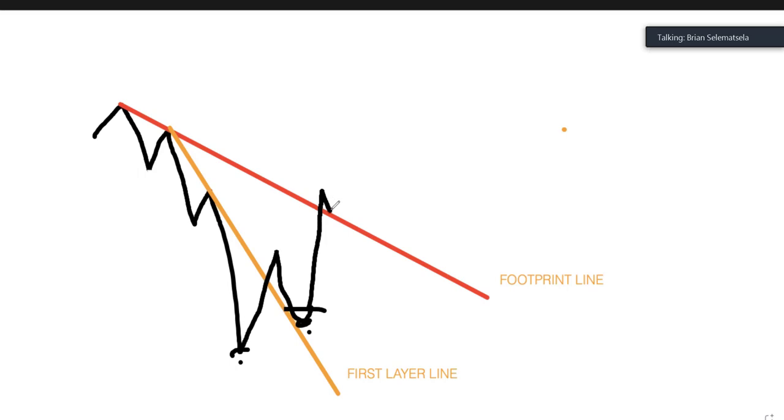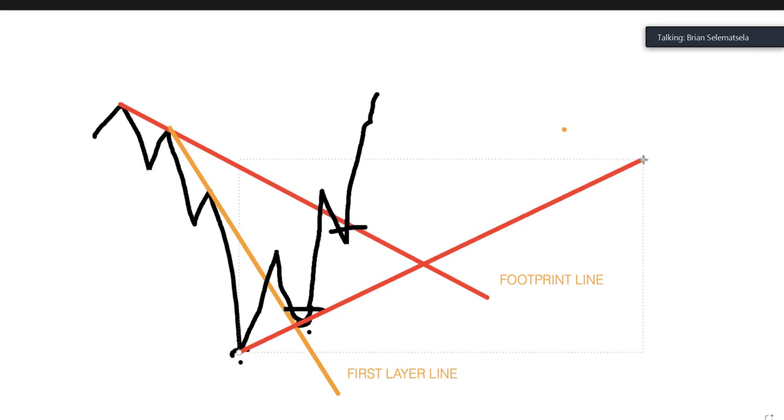As it keeps making retests, that helps the structure to be formulated. You use divergence to pile up trades here. And when you are able to find a structure that is very clear, where you can draw your footprint, after you draw your footprint, you can draw your first layer.